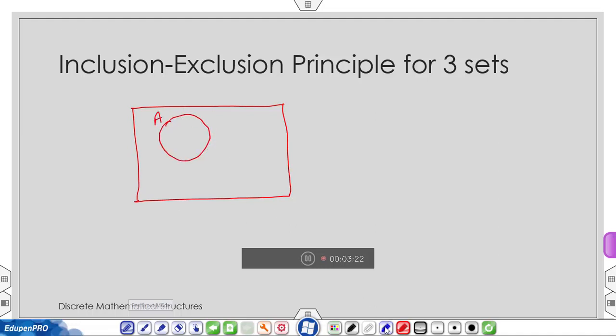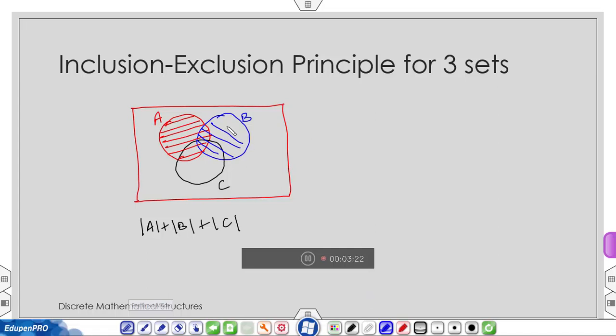This is set A, this is set B, and this is set C. Now if I write A plus B plus C, that means we are adding this area, the number of elements in A, this area, the number of elements in B, and then this area, the number of elements in C.